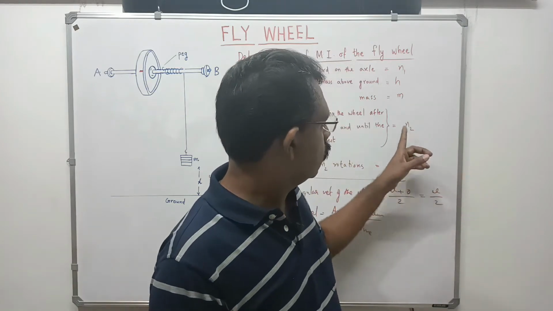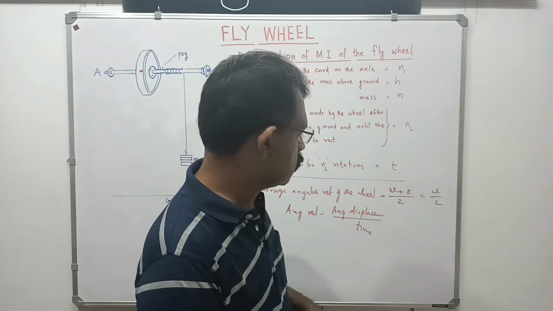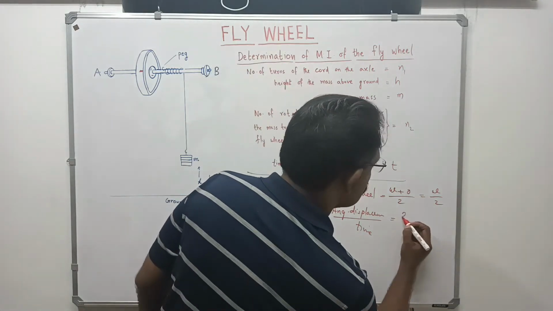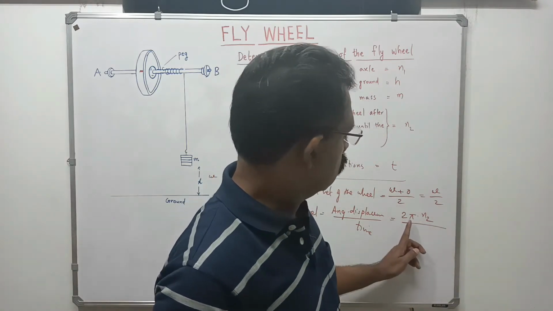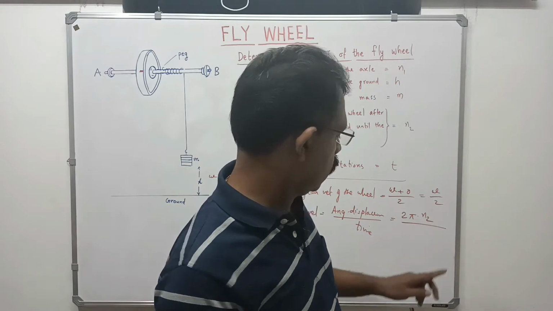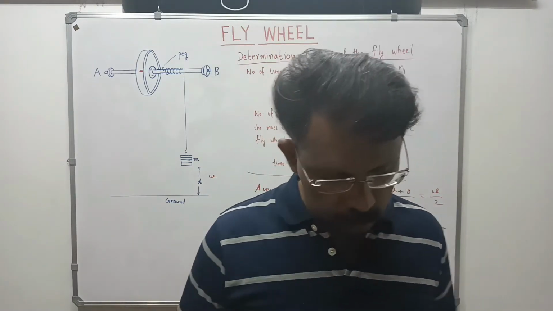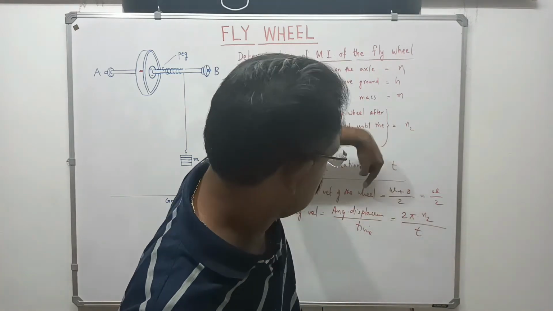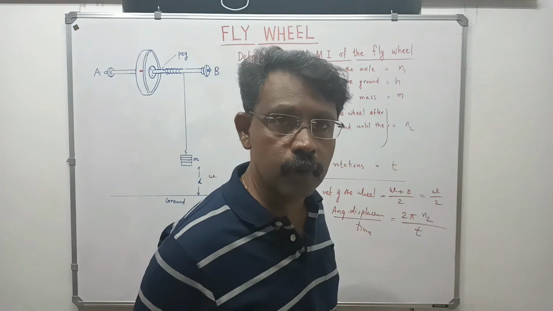Okay, and the time taken for this number of rotations is t. So what you can write, angular velocity is 2π into n2, that is angular displacement for one rotation into total number of rotations, divided by time taken. So here I have the average angular velocity, and here also I have an equation for angular velocity.